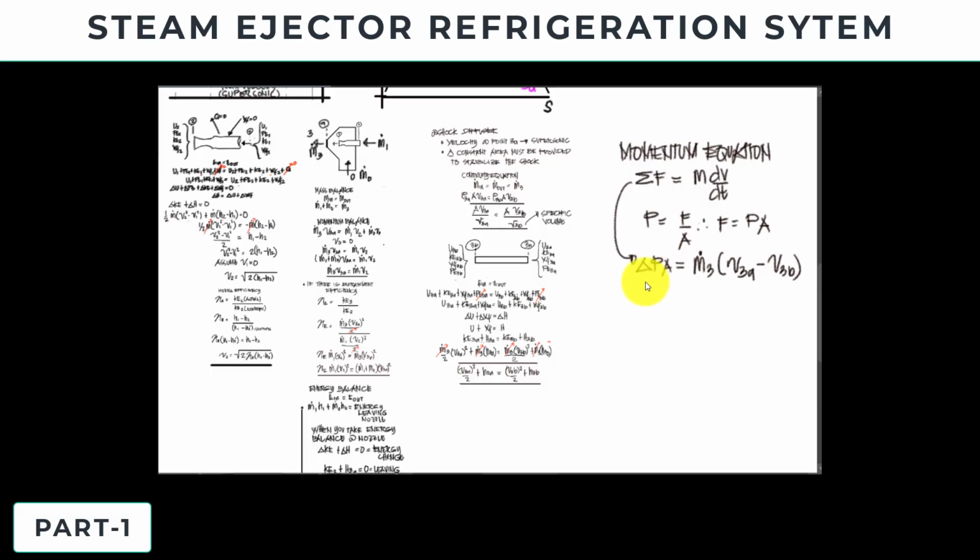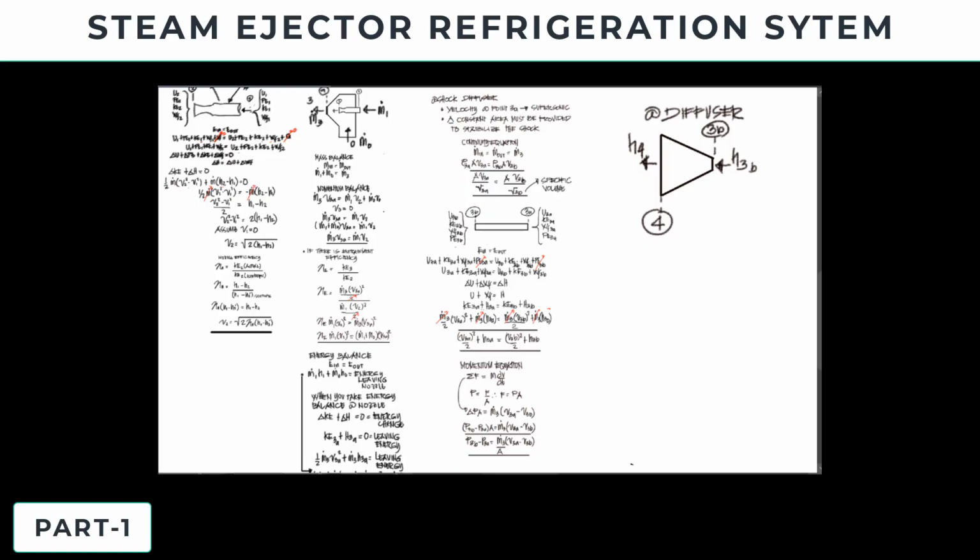We can express the change in pressure as pressure 3B minus pressure 3A, multiplied by the constant area, equal to the mass flow rate 3 times the change in velocity, velocity 3A minus velocity 3B. Finally, this can be rewritten as pressure 3B minus pressure 3A equals the mass flow rate 3 times the velocity 3A minus the velocity 3B, divided by the constant area.